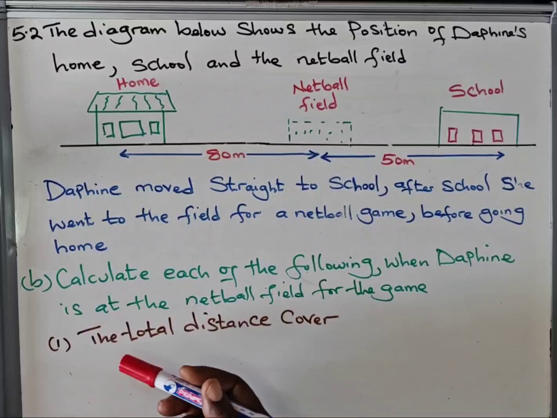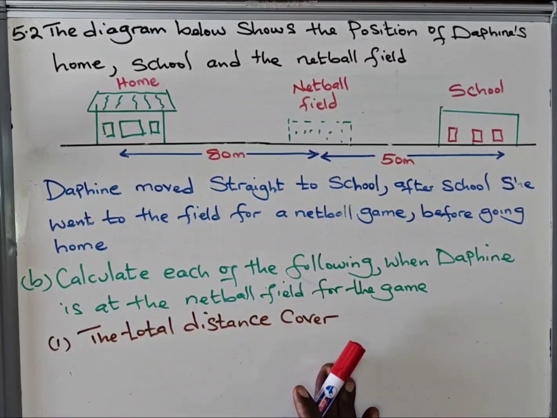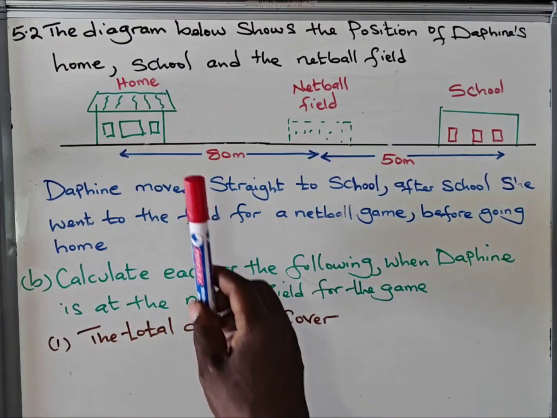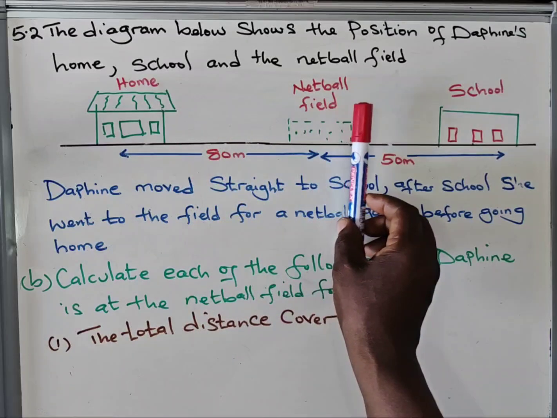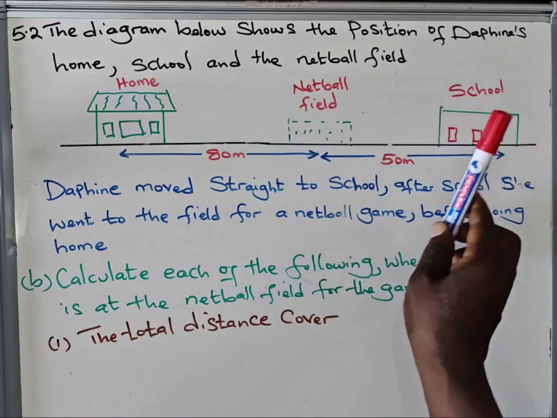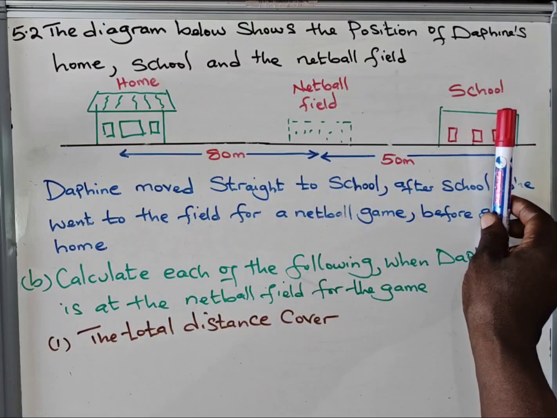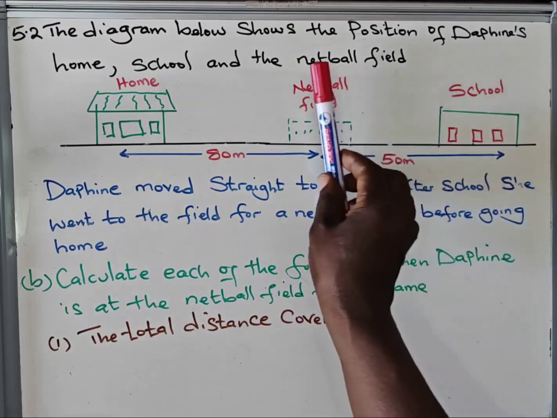Then we come to the question, calculating the total distance covered. How do we go about this? You have to know that Daphne moved from home, passed the netball field and reached school. That's straight to school. In that way, she covered these distances. Then she moved from school to the netball field.